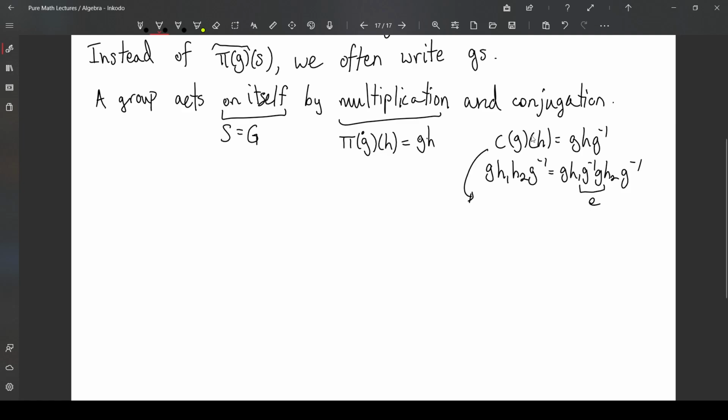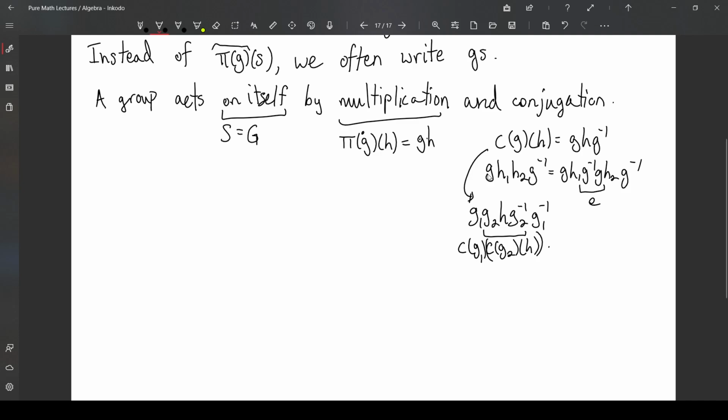So what I should have shown here is that C is a homomorphism in terms of g, meaning that if we have g1, g2, h, and then the inverse is going to be g2 inverse g1 inverse, and then you can see you have this composition. This is C of g2 of h, and then this is C of g1 of this.